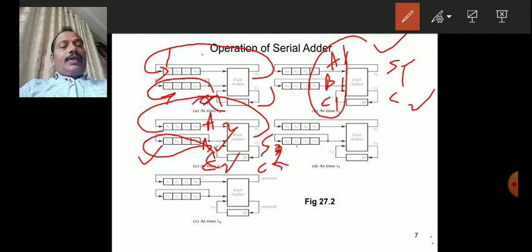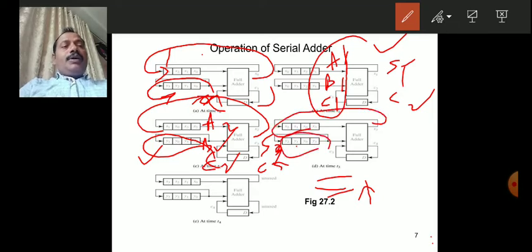Next, because S2 is produced and available at the output of the full adder, at time T3 the clock pulse comes. Once the clock pulse comes, this sum bit is fed back to the accumulator, and the B register is rotated left.